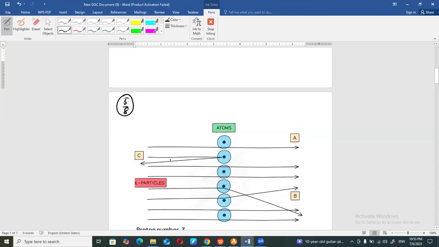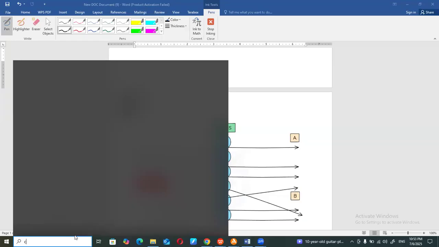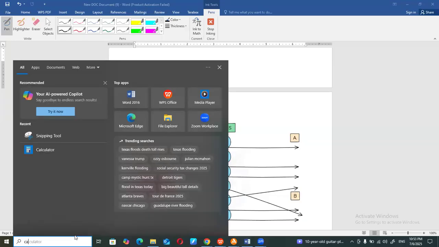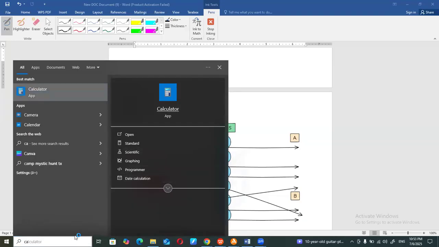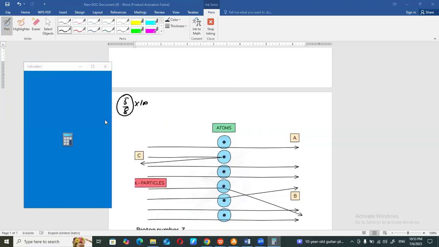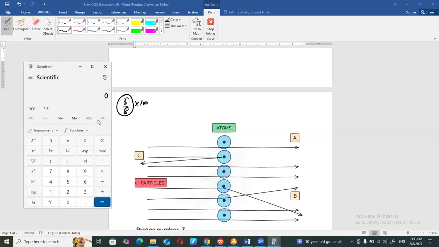One of them will be reflected backwards, and 2 will be deflected at certain angles. If you calculate 5 by 8 multiplied by 100, the calculator will tell us a very interesting value.